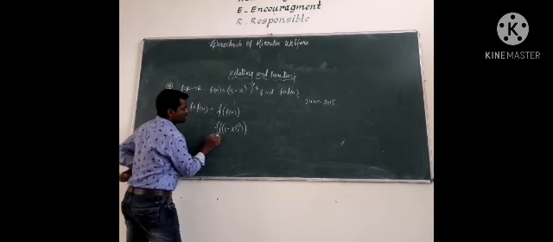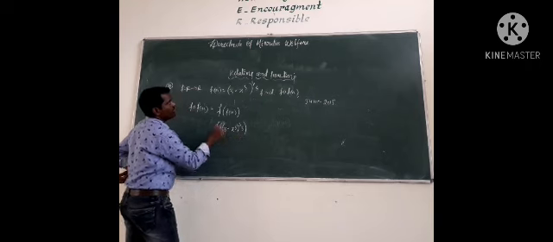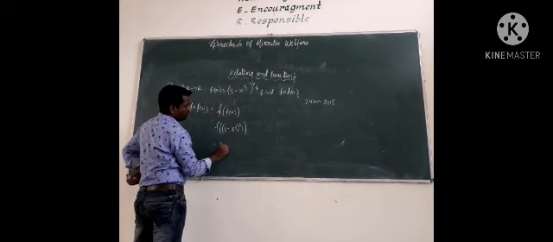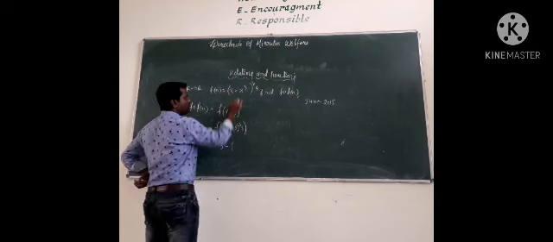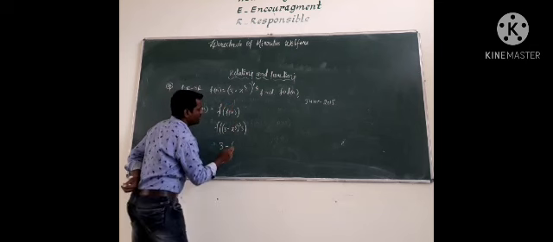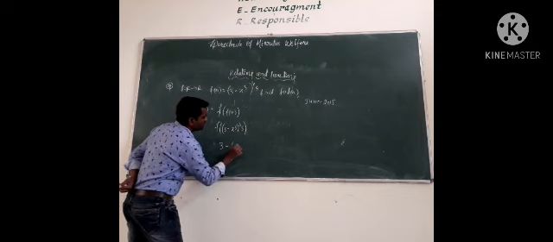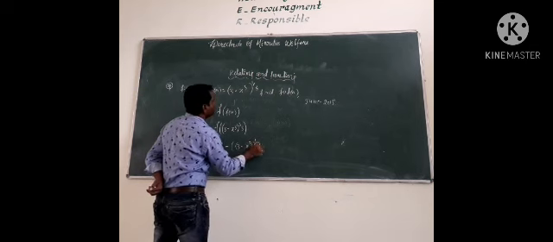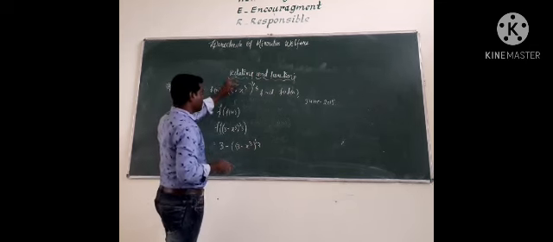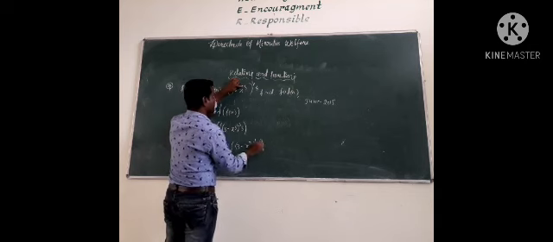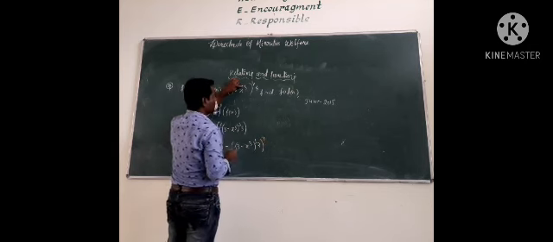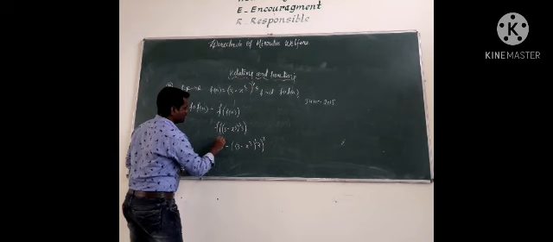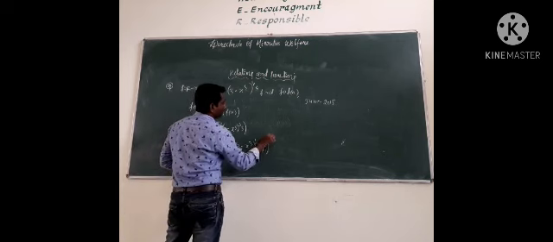Now this whole term is x. Now f of x is given also. That means 3 minus, now x means this whole term, 3 minus x cube power 1 by 3. Now clear. Power cube. Now f of x whole power 1 by 3.